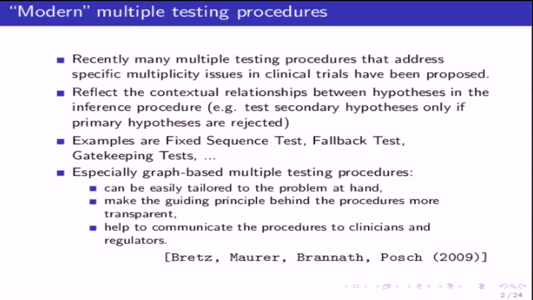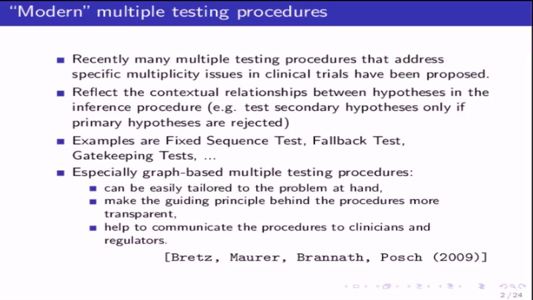For example, like pointed out by Bob O'Neill on many occasions, you shouldn't test a secondary hypothesis if the corresponding primary hypothesis hasn't been rejected before. So you all know these names, like fixed sequence test, fallback test, gatekeeping test.